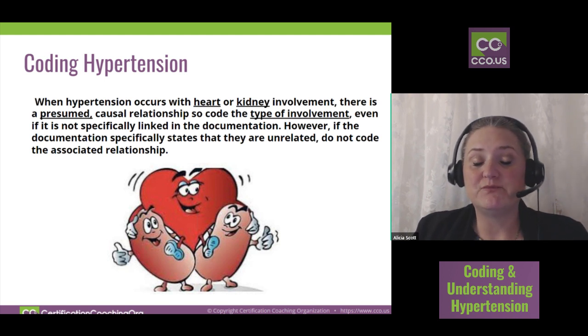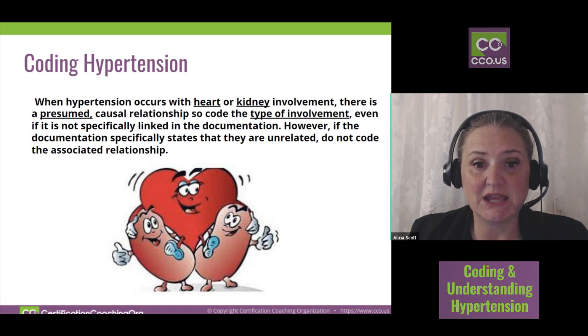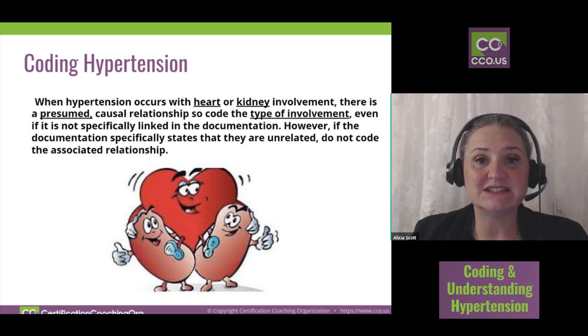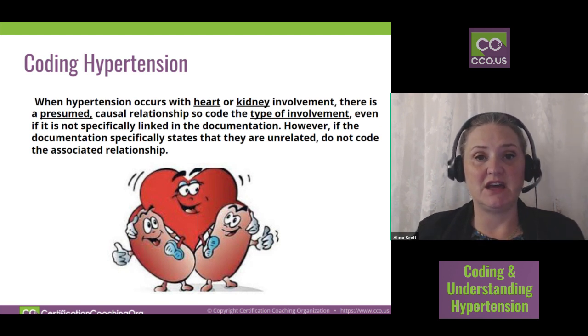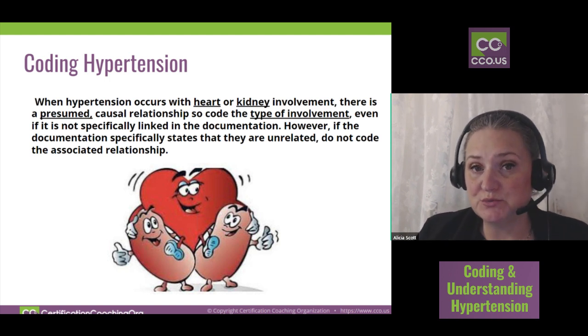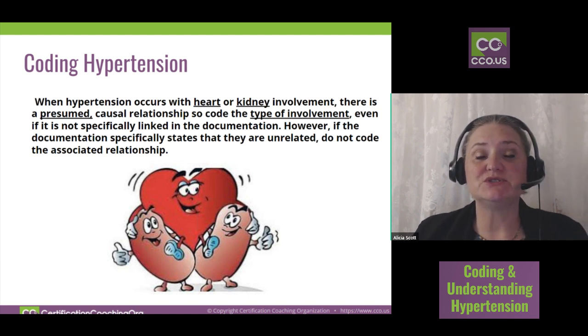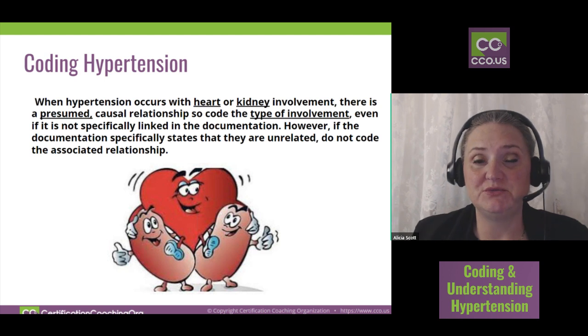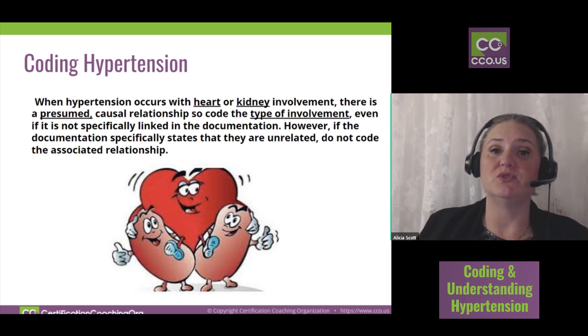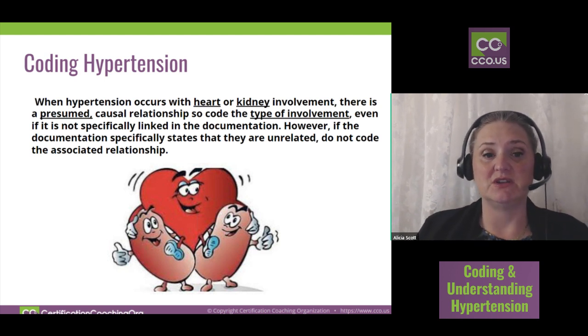And that first primary thing is that hypertension affects the heart and the kidneys. Now, they affect other parts of the body, but the biggies that have a presumed or causal relationship, and those are two terms that you need to jot down if you're new, if you're just starting the course.